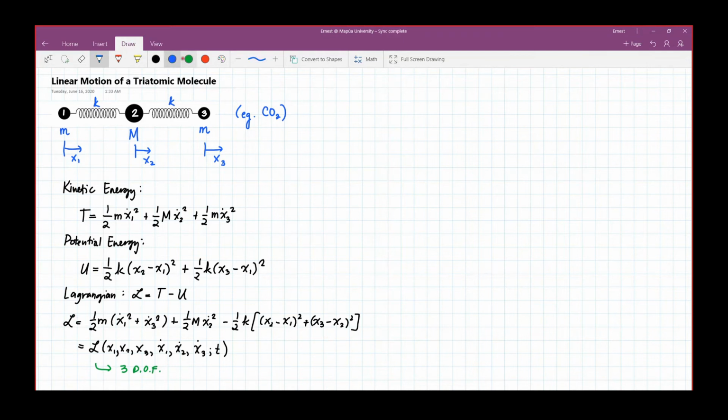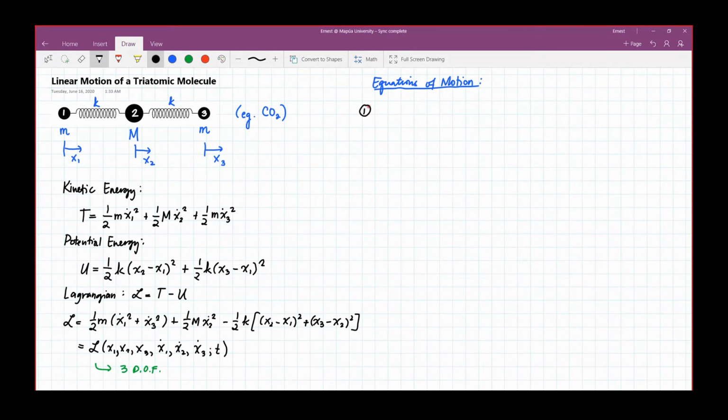So I'm going to skip ahead to the equations of motion. By solving the Euler-Lagrange equation, we get the resulting equations of motion as follows.